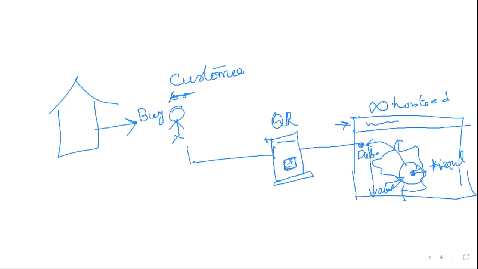Typically it will be Google Maps. We will show this in our app. This will be our app. It will show the origin is this place.